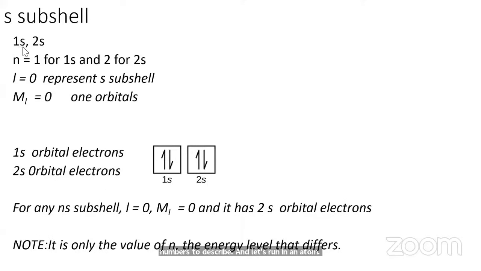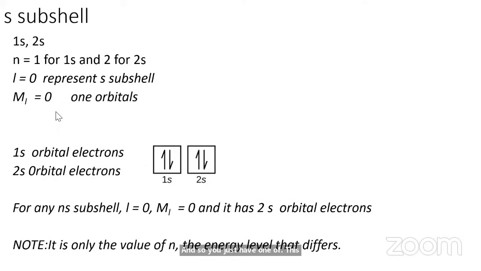Now, I used 1s here and 2s here. The only difference between these two is the n. Here n is equal to 1 for 1s and n is equal to 2 for 2s. For n equal to 1, your L is equal to 0, and this represents the s subshell. And so you will just have one orbital.